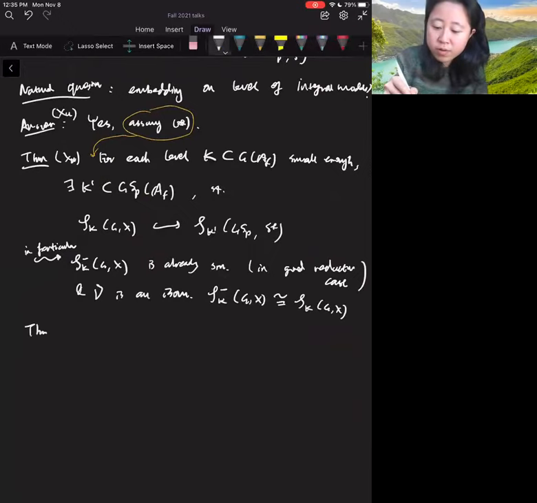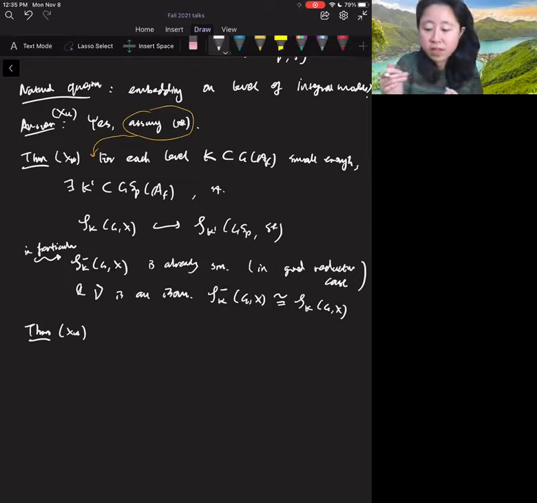Another corollary of this theorem is an analogous result on the level of toroidal compactifications of integral models of Shimura varieties.